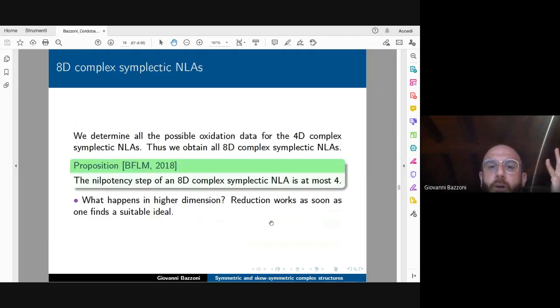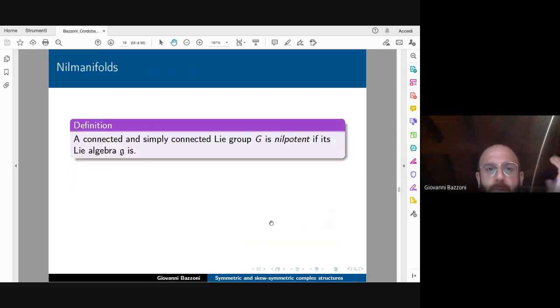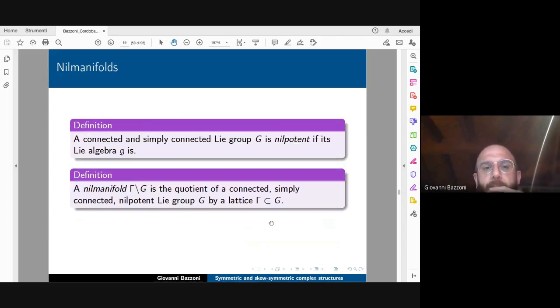So now we know a lot about these structures on nilpotent Lie algebras. Let's see how to obtain compact manifolds. I mean, you all know this, but let me just go quickly through it. A Lie group which is connected and simply connected is called nilpotent if its Lie algebra is nilpotent, with the definition that I gave before.